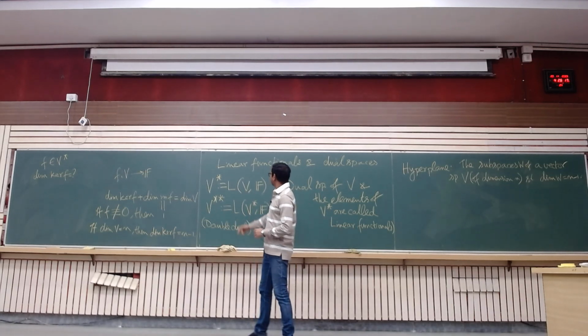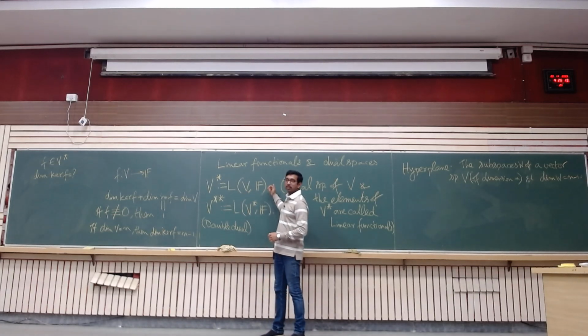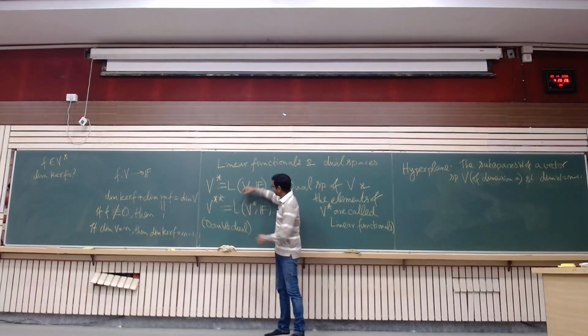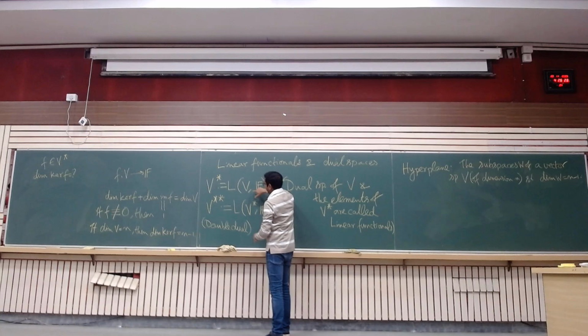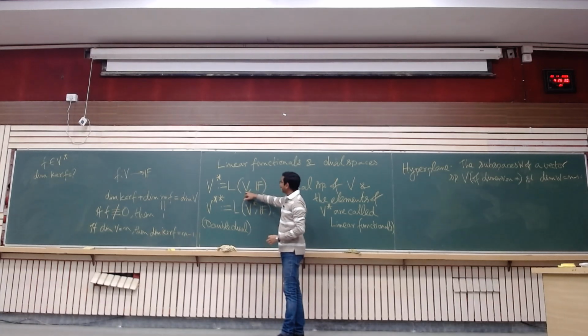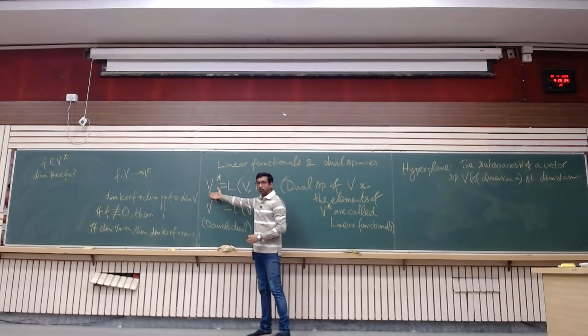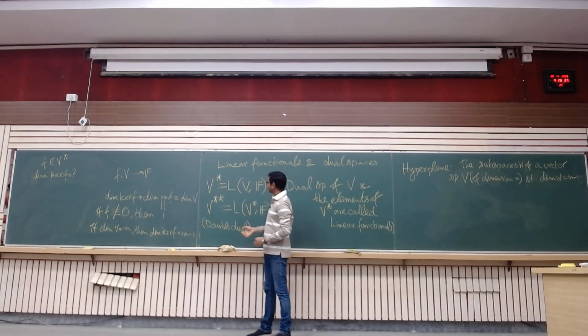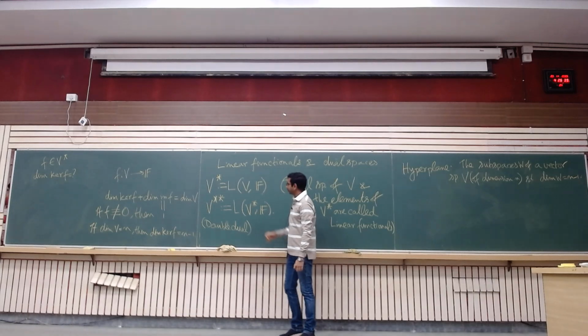In particular, this vector space, the set of linear transformations from V to F, will have dimension n times 1, so just dimension n. That is a dual space. That is how we define the dual space of a given vector space V.